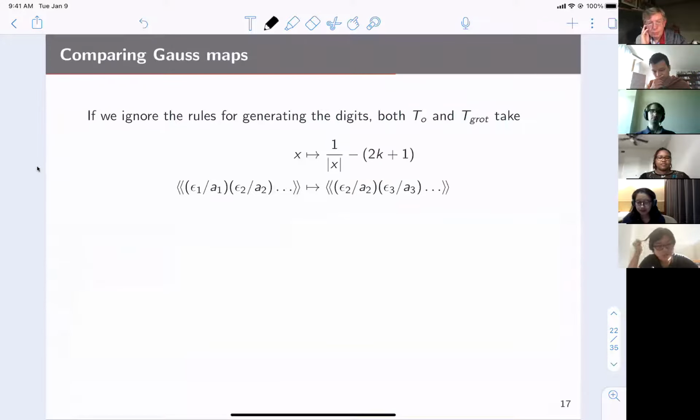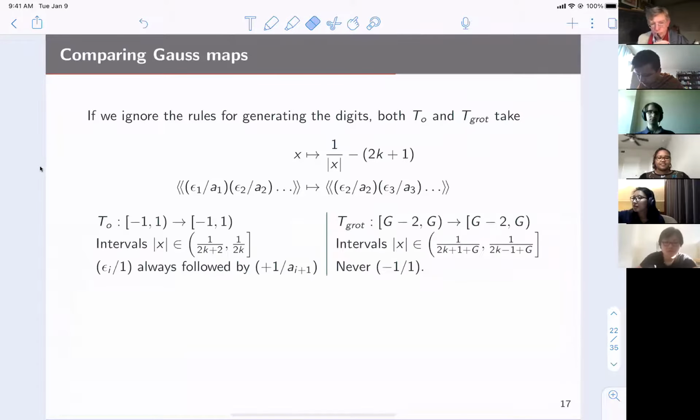So the first thing I want to do is just compare these two maps we've seen. If we ignore what those intervals are, these are fairly similar. We have 1 over the absolute value of x minus some odd integer, and it deletes the first digit. And then if we actually look at them as maps, our interval, the entire domain is different, and our rules for choosing what the odd integer is are different.